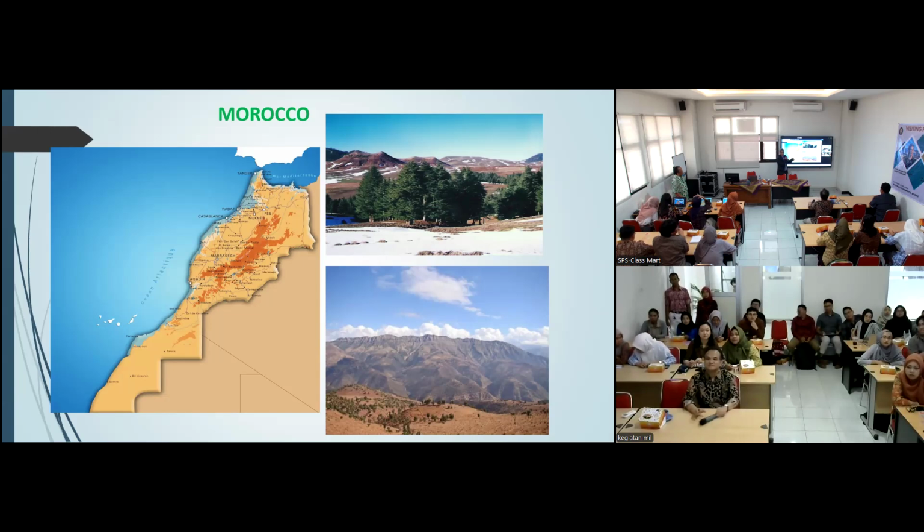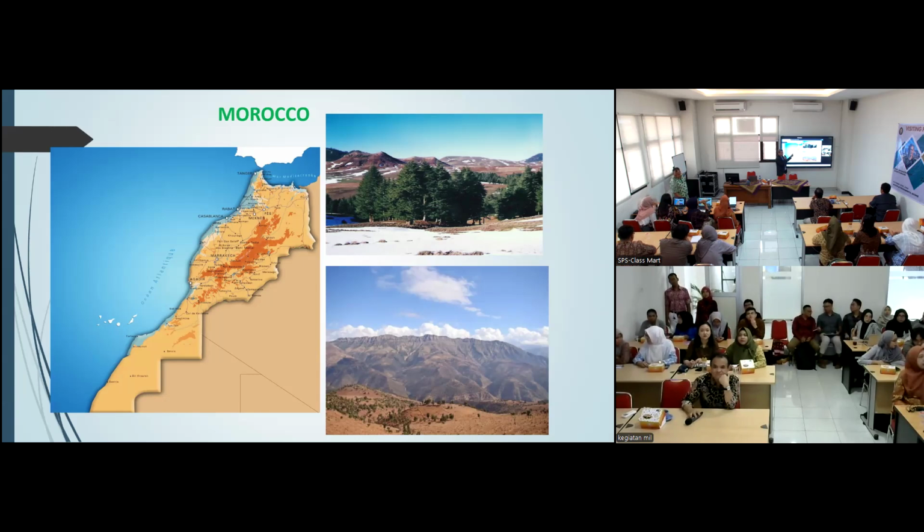We have mountains, we have forests, and we have the Sahara desert also. In the same country we have mountains, forests, desert, etc. Some pictures. Right now we have snow in the mountains. We have snow in Morocco.